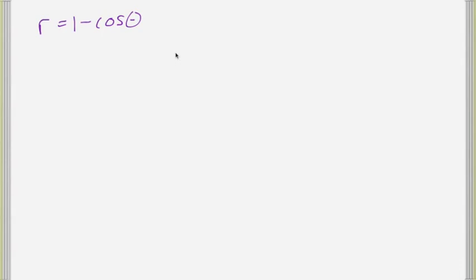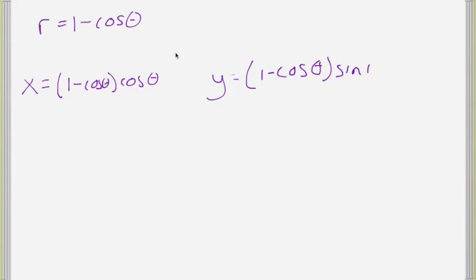To find the slope of a parametric, we're going to say that x is equal to r cosine of theta, and y is equal to r sine of theta.